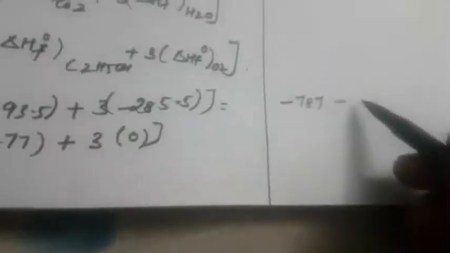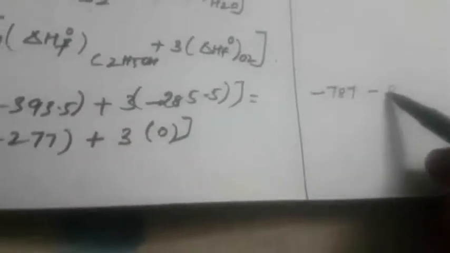From this we can calculate. So minus 787 minus 856.5, minus of minus 277.